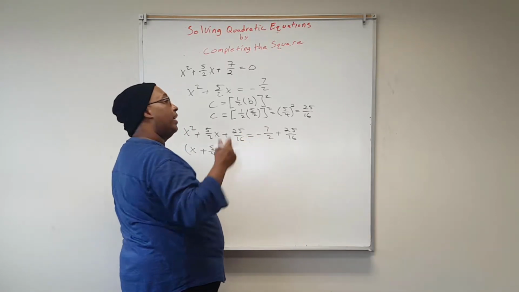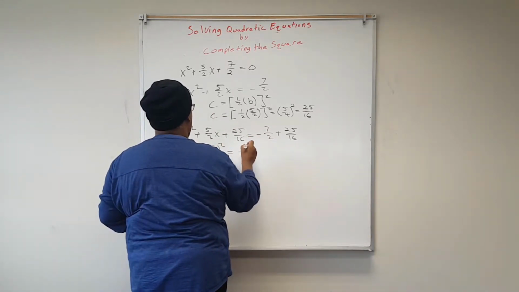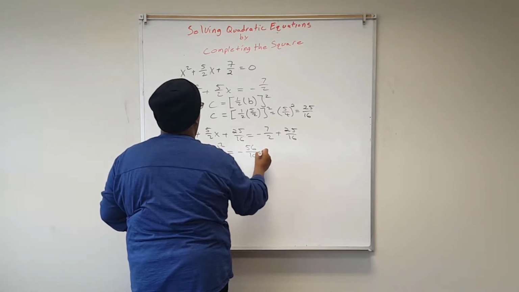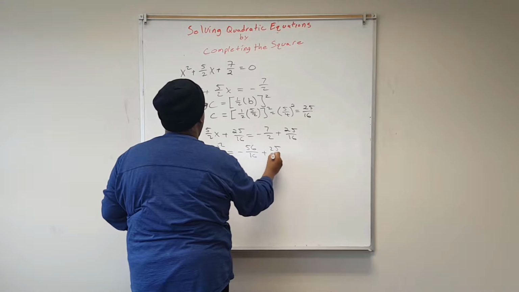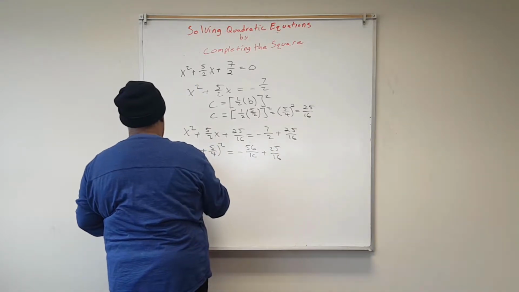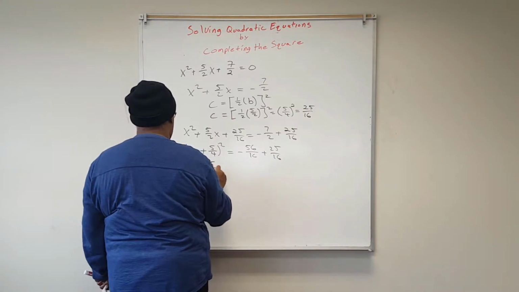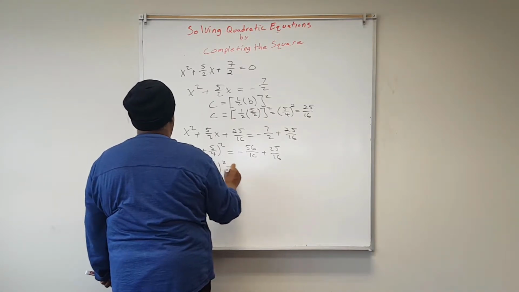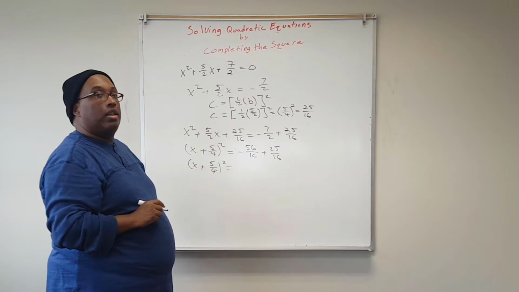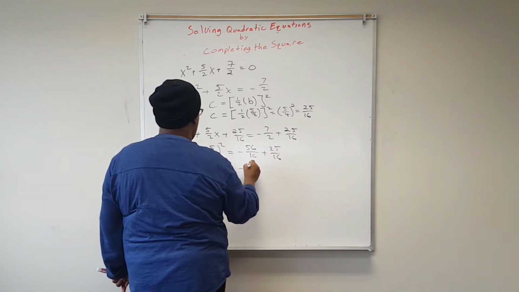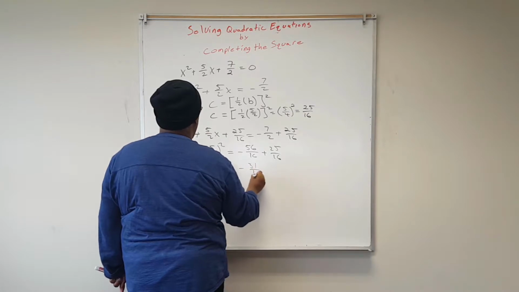Negative 7 times 8 is negative 56/16 plus 25/16. If I combine that, that gives me negative 31/16.